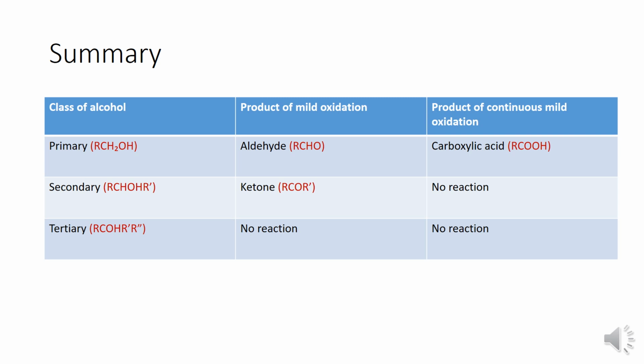With respect to secondary alcohol, the product of mild oxidation will be ketone, and there is no product of continuous mild oxidation. With tertiary alcohol, no reaction in mild oxidation, and for continuous mild oxidation also no product, so no reaction.